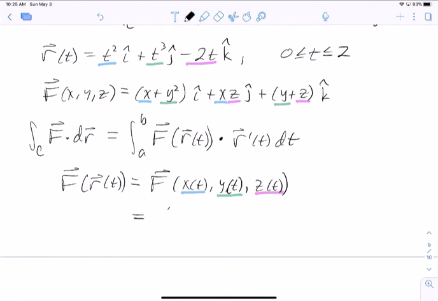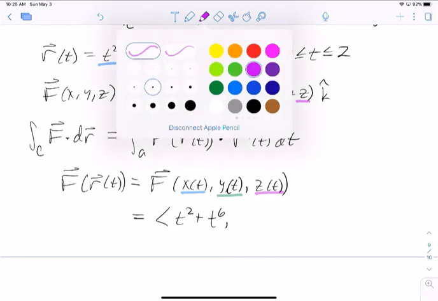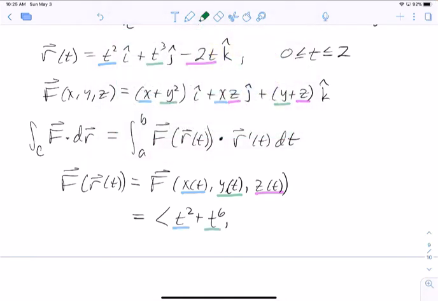What that's going to look like is t squared plus t to the sixth power, right? So that's our x plus y squared, where x is t squared, y is t cubed, so we square that.